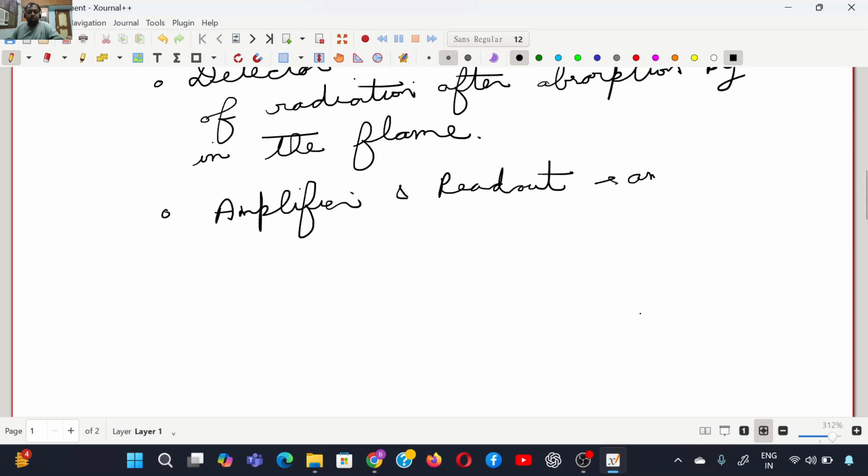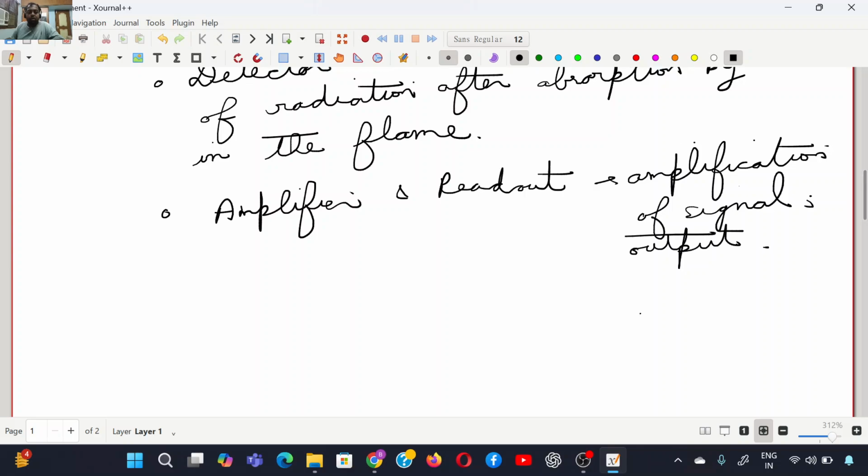So basically, this is amplification of signal, the electronic signal, okay, output display. This allows quantitative analysis of the element's concentration.